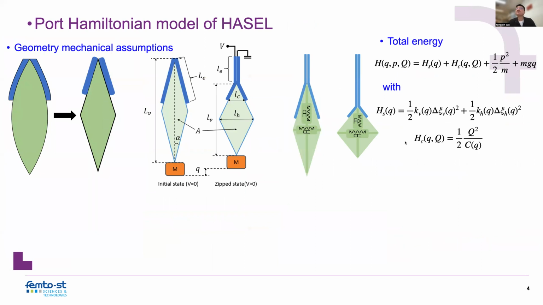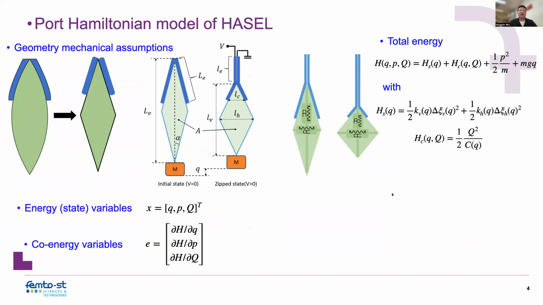And then the total energy of the system can be written down in this form with the potential energy, kinetic energy, the electrical energy, and the gravity energy. And the energy variables are chosen as the displacement, momentum, and the charge.